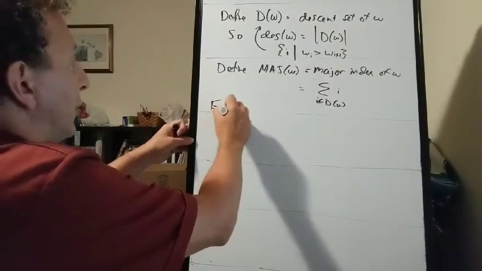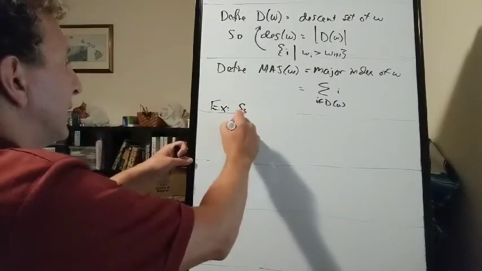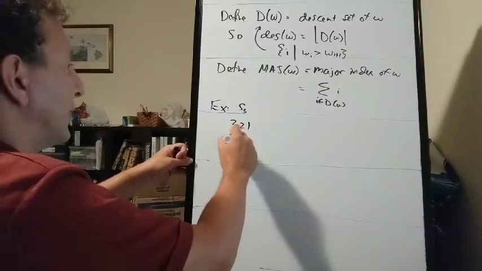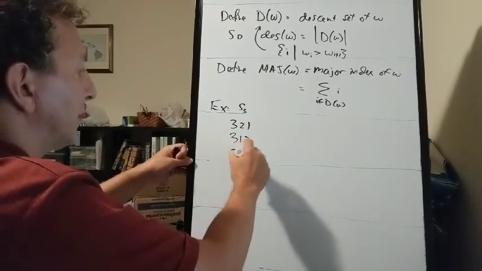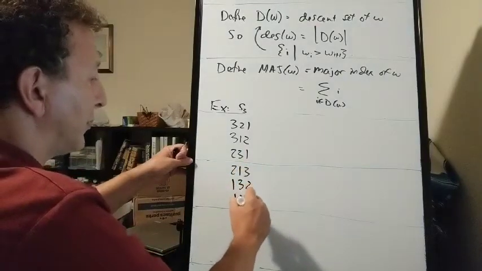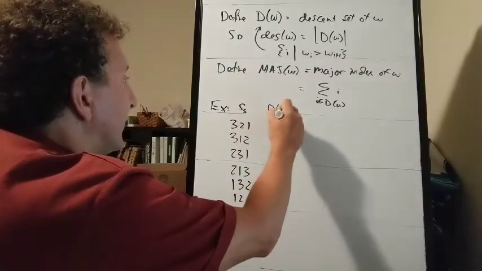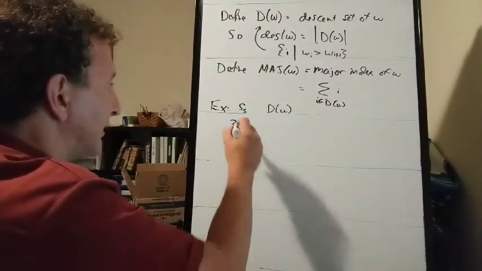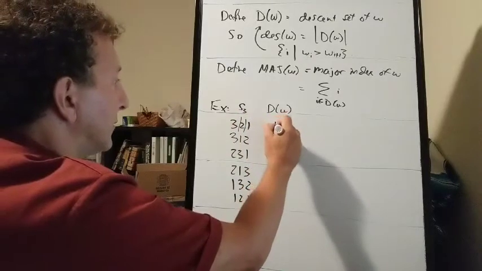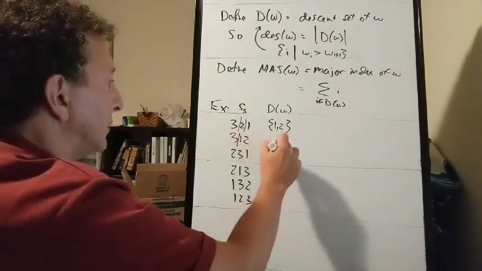So for example, if we look at S3, the permutations are 321, 312, 231, 213, 132, 123. The descent set of each is, let's see, we've got descents in positions 1 and 2 here. 1 only.